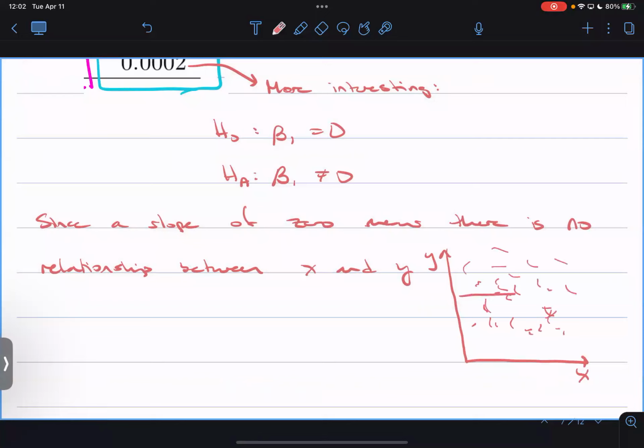And my best line of best fit here doesn't look like 0 slope. It looks like this, just straight across. Still drew it poorly. Try again. Just go with it. There. That's better. Right. So this is what a slope of 0 looks like.